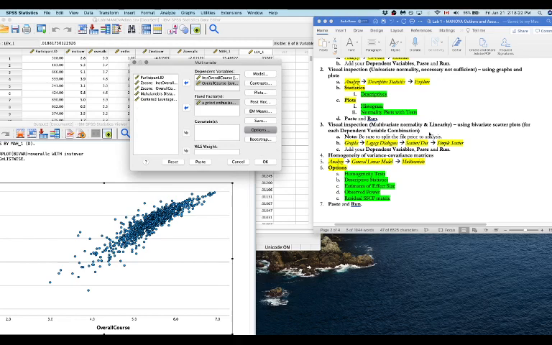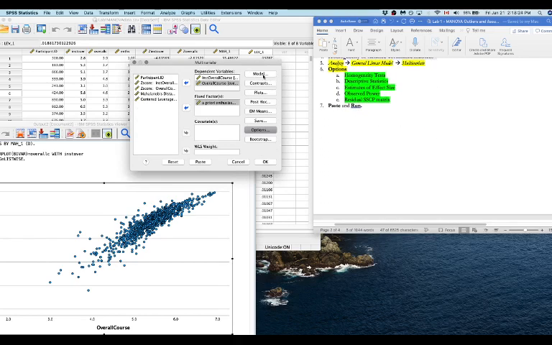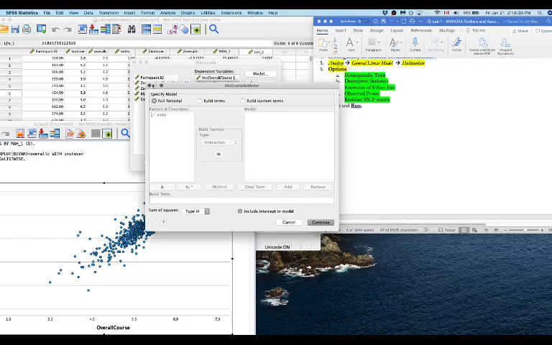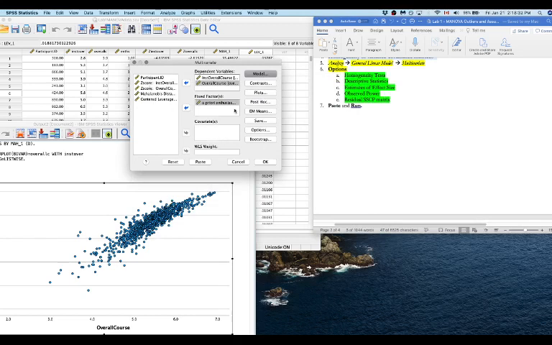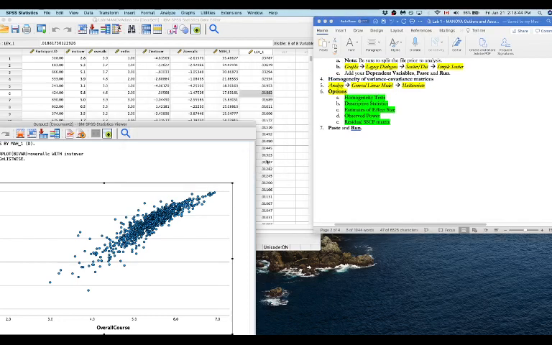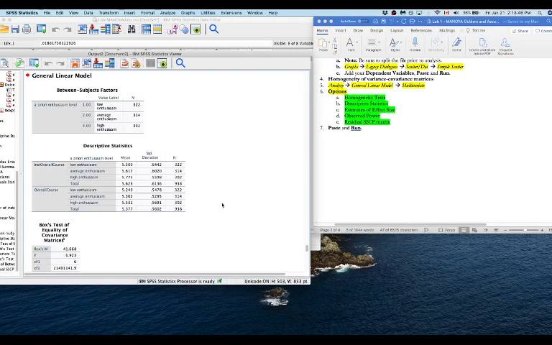Okay, and I'm not going to change the model because it's full factorial, which is what we want. We're not adding any contrasts or plots or any of that post hoc stuff because we're just looking for this right now. We're not actually running it. So I will click OK.